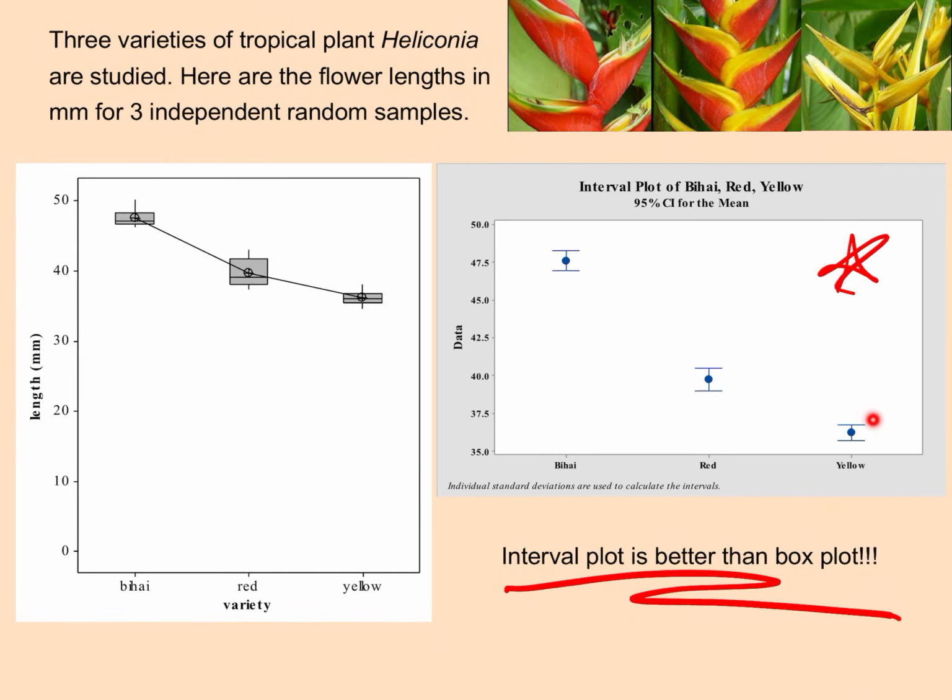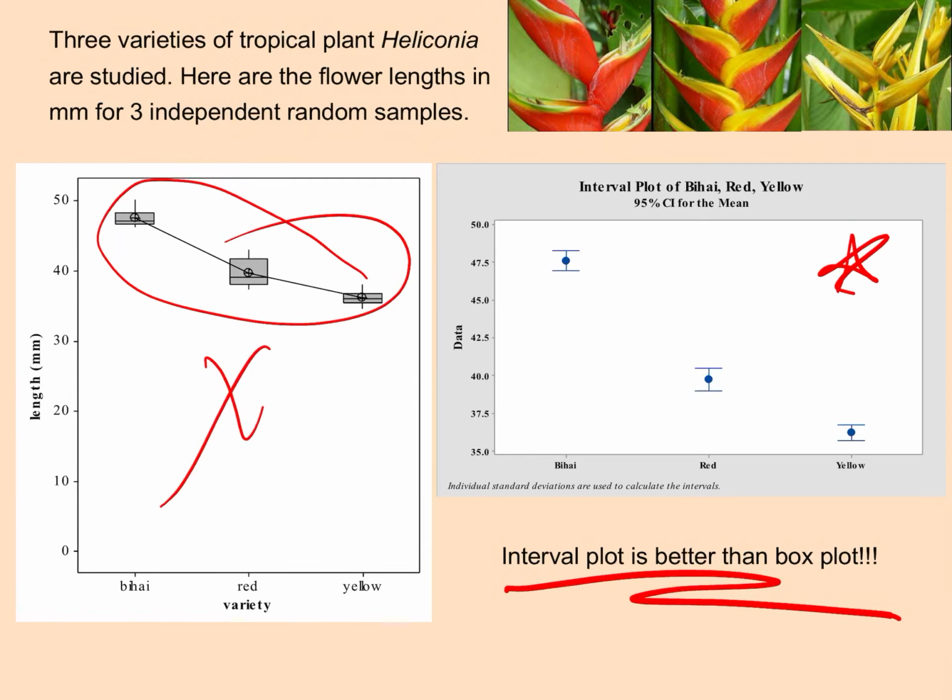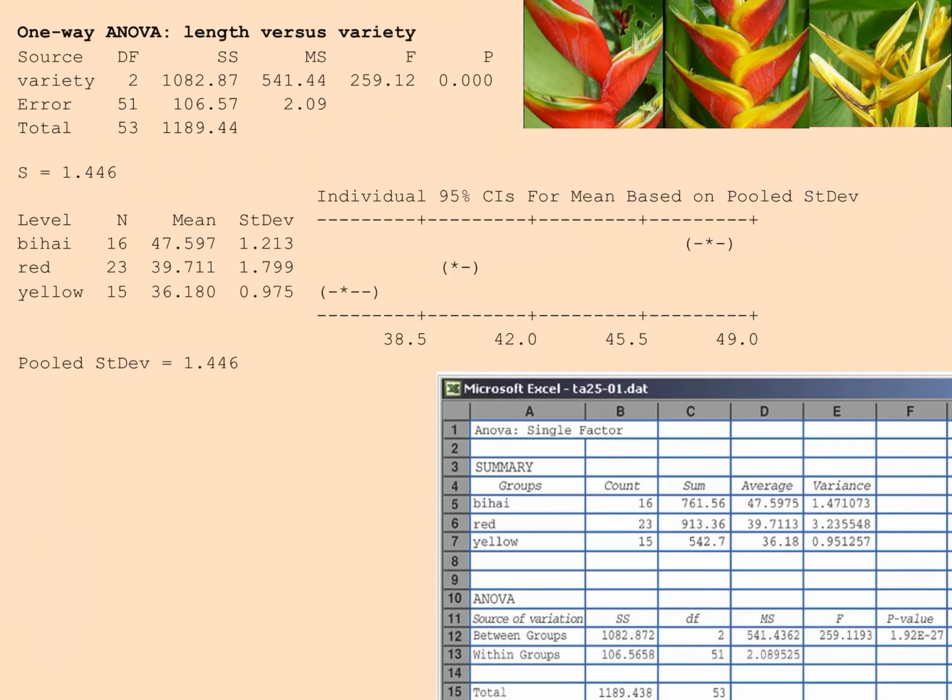And look at this huge difference between the bottom of this confidence interval for Baha'i and the top of this one for yellow. That is what's driving most of your significance. This is driving some of it as well, and then this is driving some of it. They're all 3 significantly different from each other, but you can't tell any of that from these box plots. Useless, right? This is what you want, an interval plot.